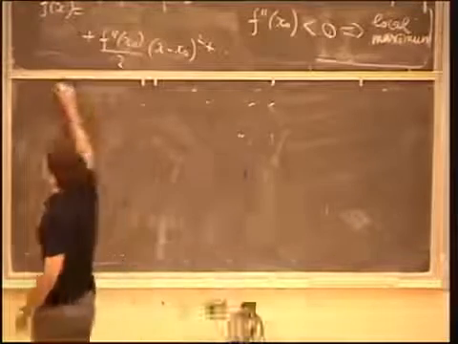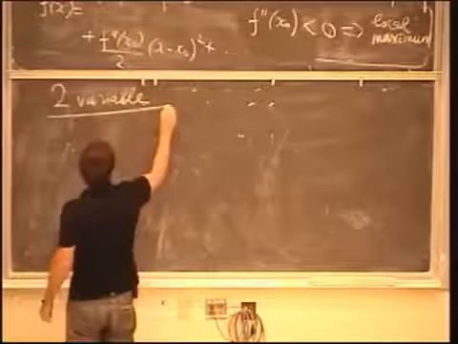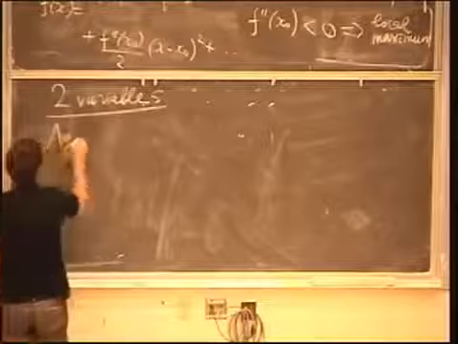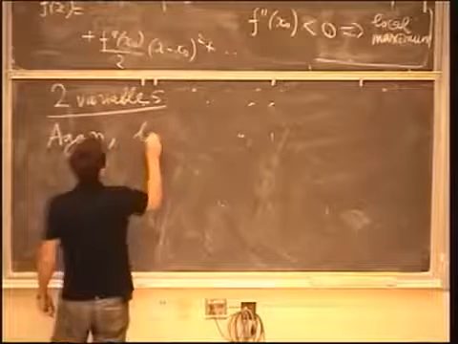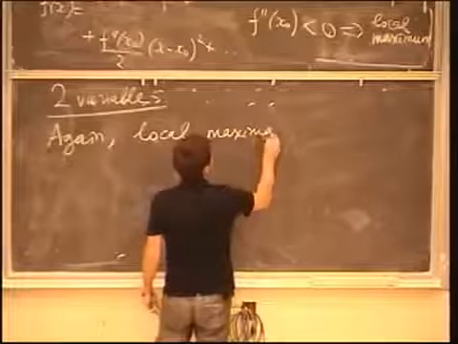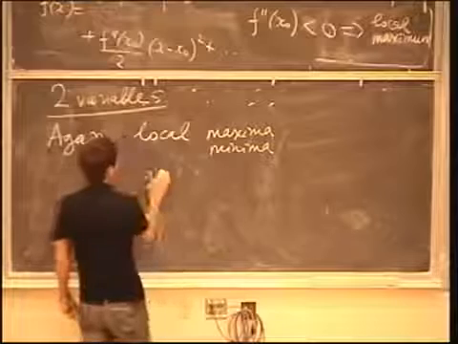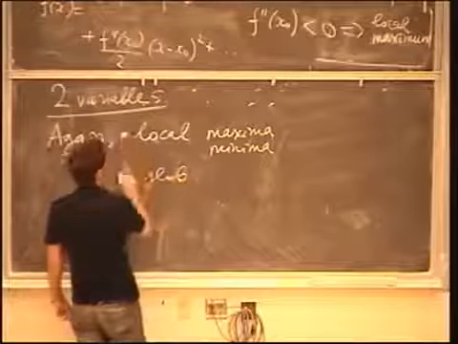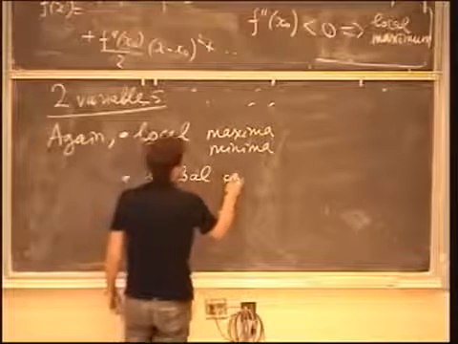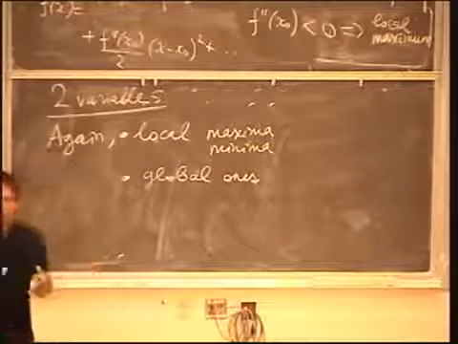So now we switch to functions in two variables. Again, we have local maxima and minima, and global ones. And searching for them is sort of two different games.